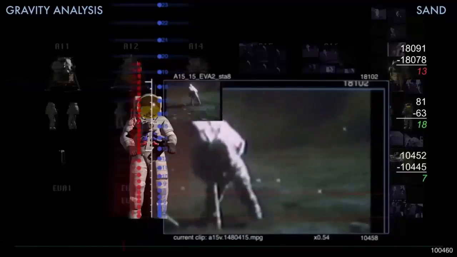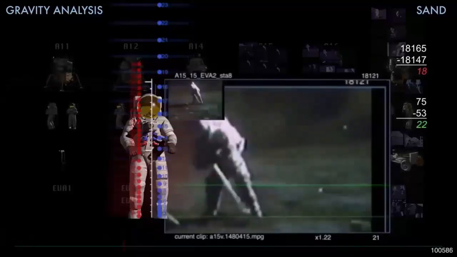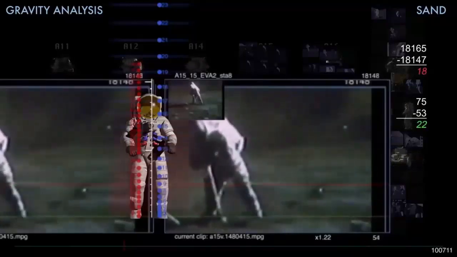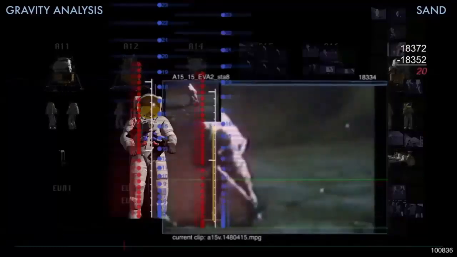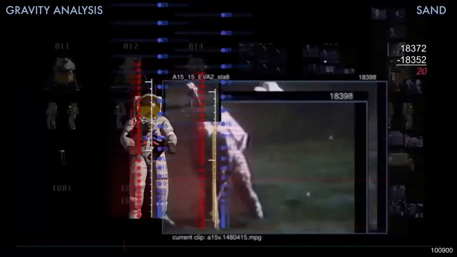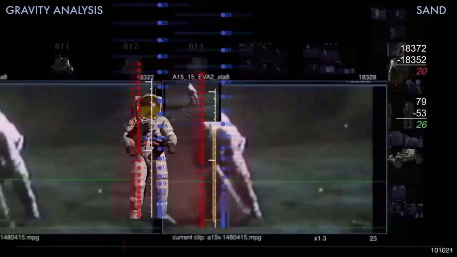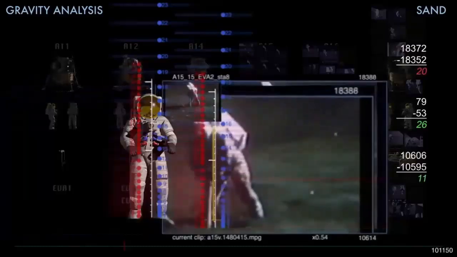And as you can see, NASA got it wrong again. Let's watch that example one more time. Keep an eye on the top counter as the sand hits the ground. You'll notice that the time frames are different.